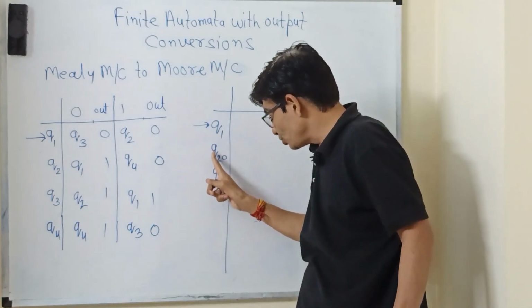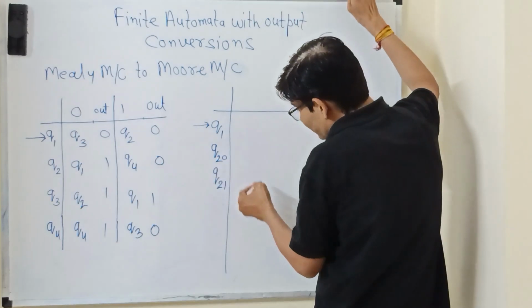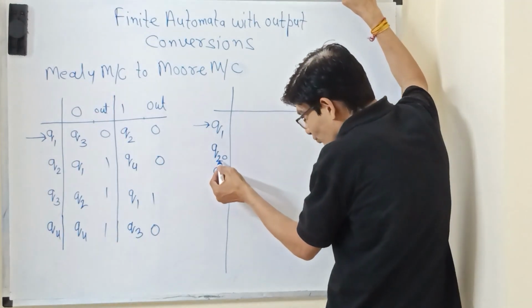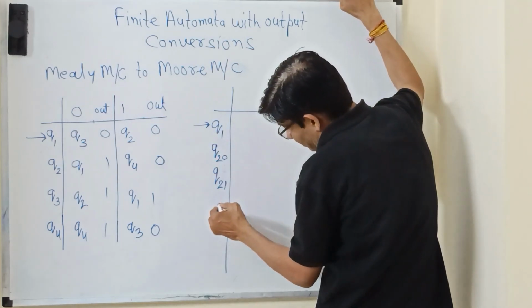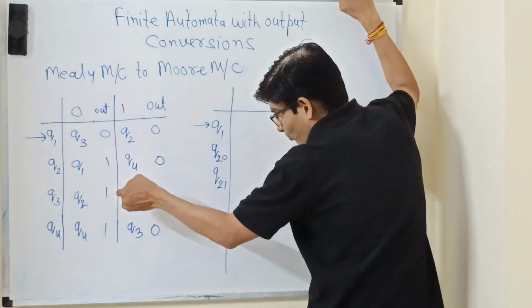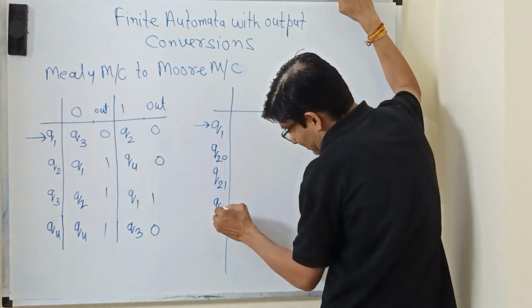So I have divided the Q2 state into two separate states: Q2 0, that means Q2 with 0 output, and Q2 with 1 output.